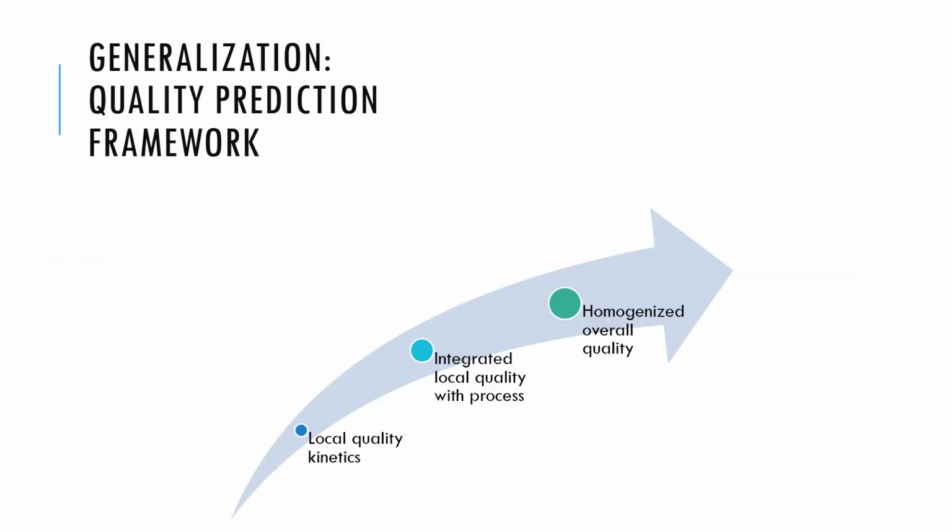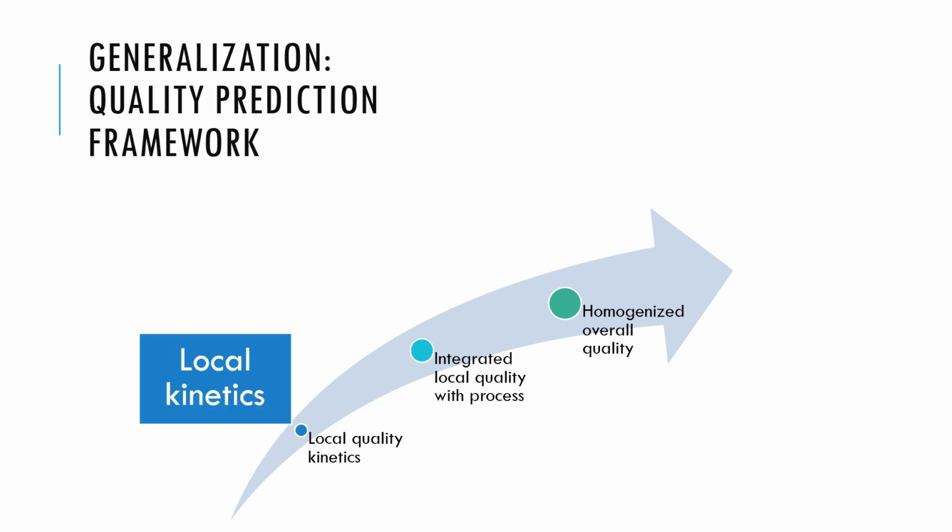To recap then, in this Young's modulus example for texture, our prediction framework for texture in a more or less mechanistic way with some experimental information is this.